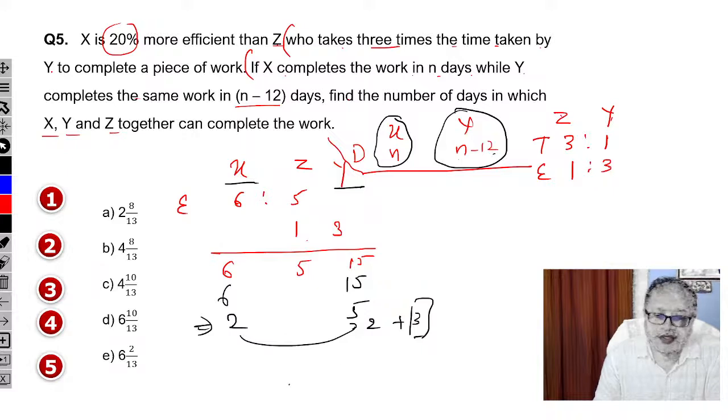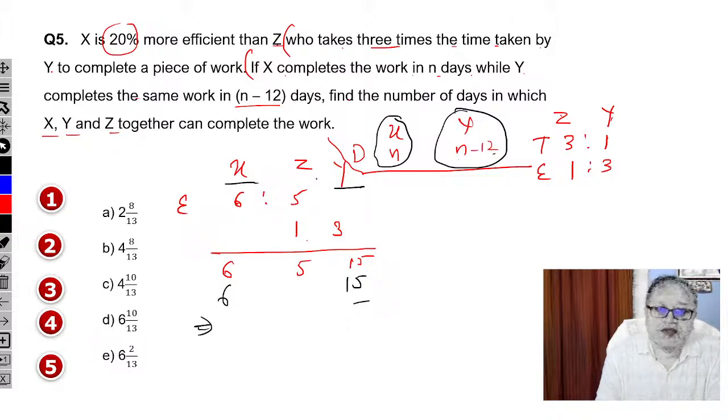So what is the number of days? I simply write this here: X takes n days, Y takes n minus 12 days.